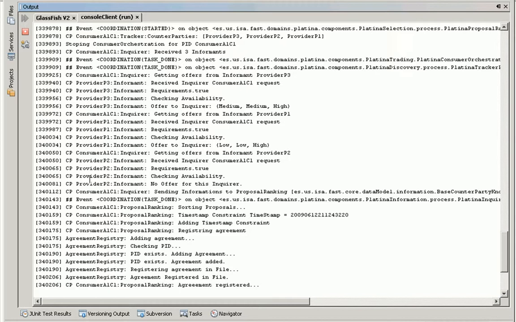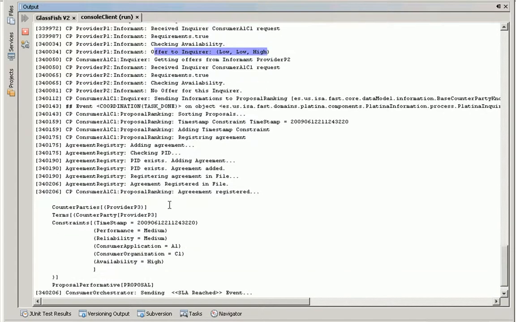We can see, for example, the provider P2 doesn't have any offer for this particular consumer because of the availability, and the P2 and P3 providers has two different offers, so the consumer selects the best service level agreement, that is in particular the provider P3 in this case.